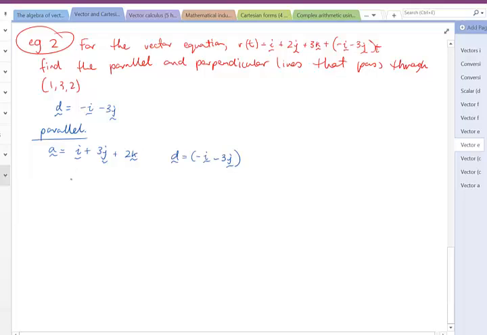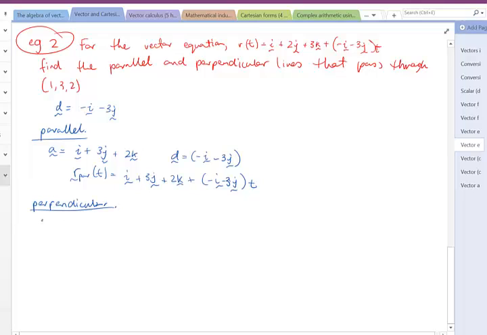So in this case, it's nice and simple. That parallel line is going to be i plus 3j plus 2k, and in the direction -i take 3j multiplied by the parameter t.